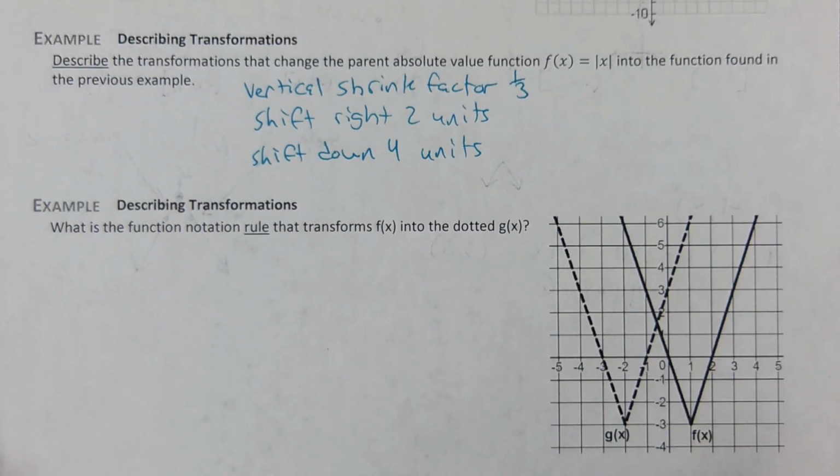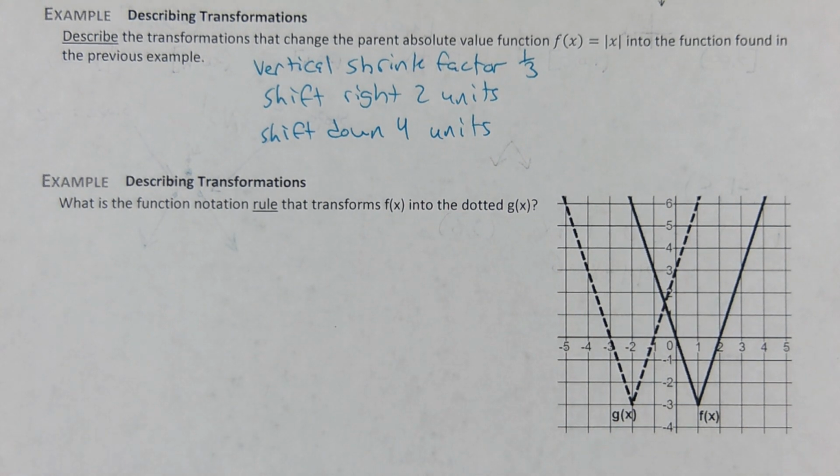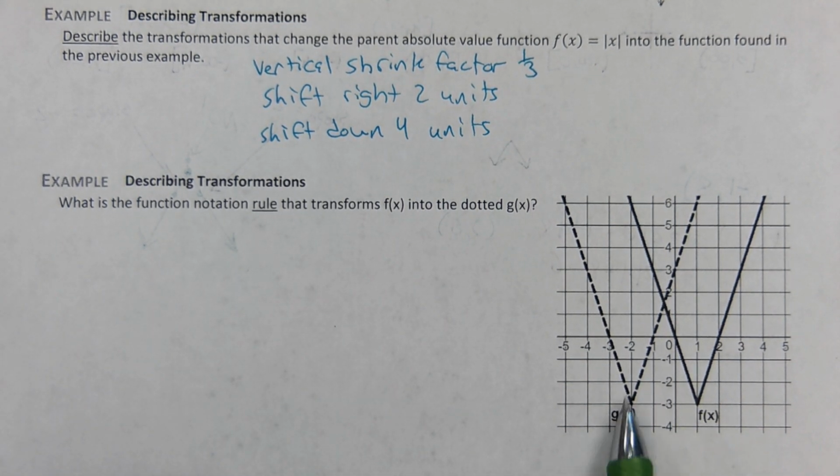And the last one, again, transformational review says f of x is the original, g of x is the new one. How do I turn f of x into g of x? In description. Can someone tell me in words what to do to f of x? Shift left 3.